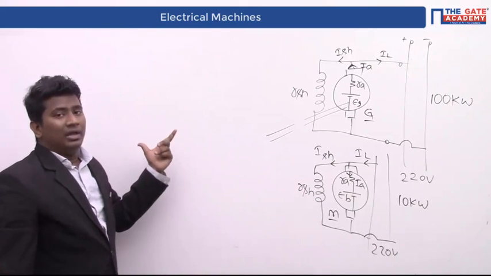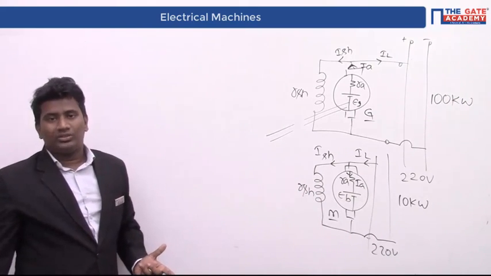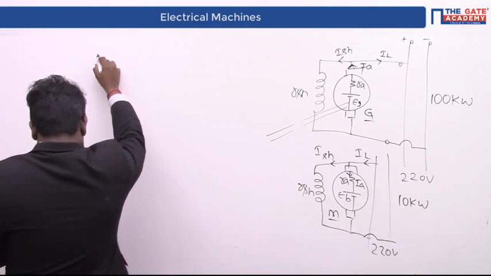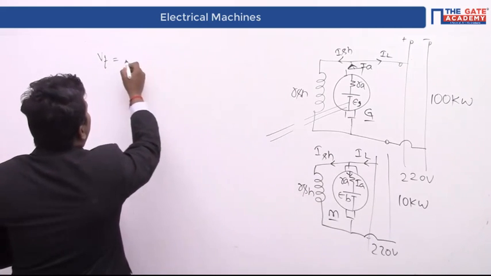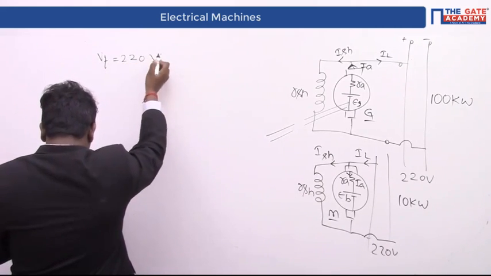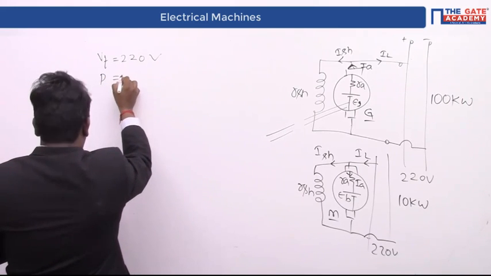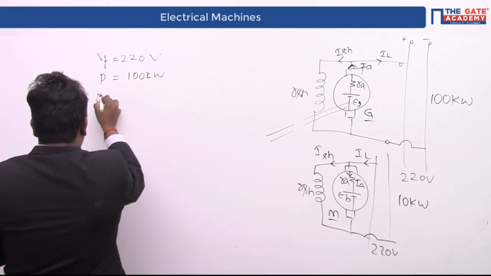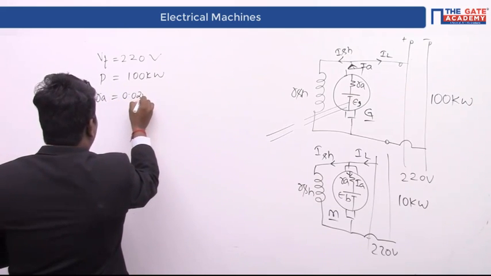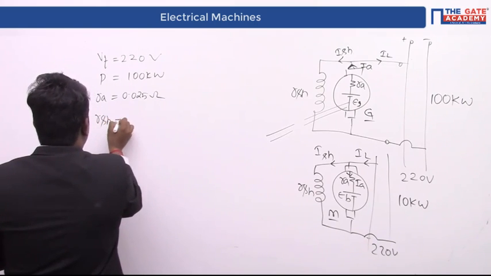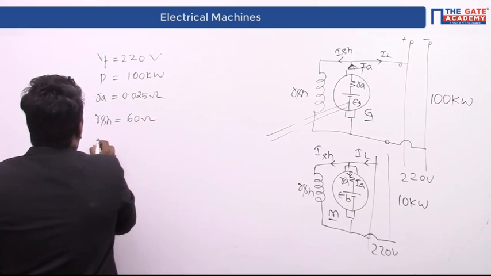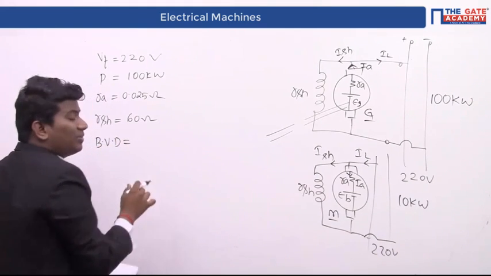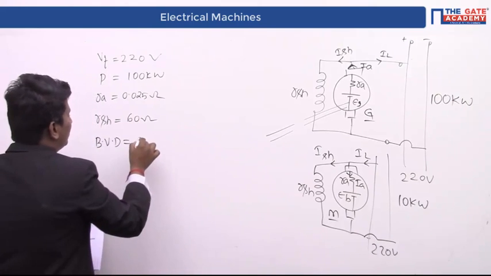So first of all, take the data which they have given to us. They have given terminal voltage of the DC bus bar grid as 220 volts and power output as 100 kilowatt, armature resistance as 0.025 ohms, shunt field resistance as 60 ohms, and total brush voltage drop, meaning 2 brushes, therefore 2 volts.